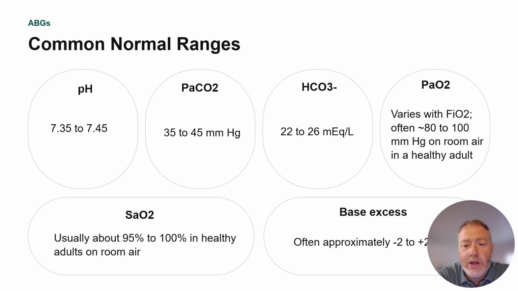Your PaO2 varies with the FiO2, but usually a normal healthy adult will have a PaO2 somewhere between 80 and 100 on room air. The SaO2 is usually 95 to 100% in healthy adults on room air, and your base excess is usually between 2 and -2.